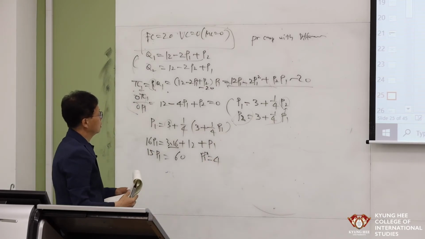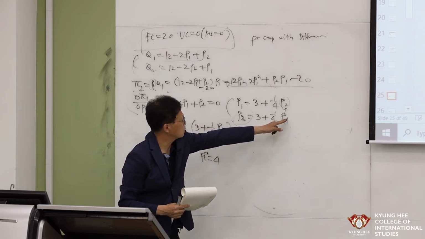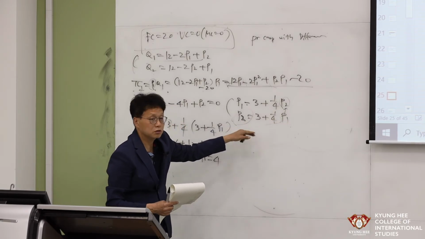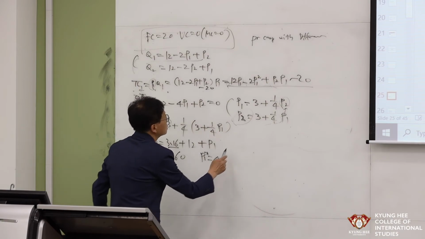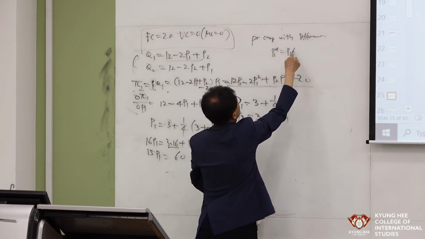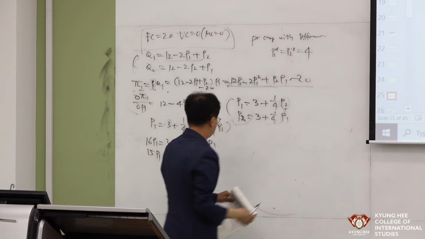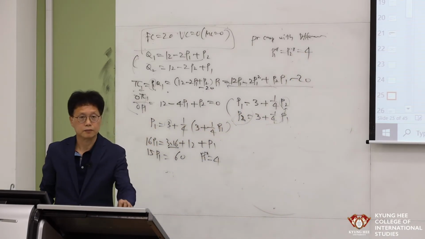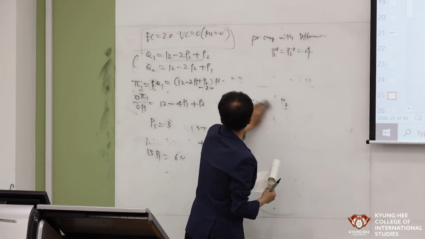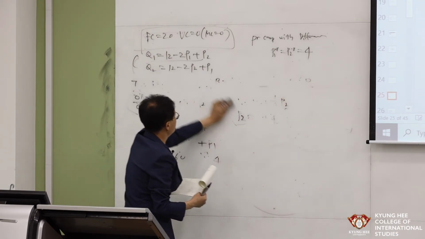So P1 star is 4. Then P2 star, this is 4, then only one left, 3 plus 1. P2 star is also 4. So P1 star and P2 star are equal to 4. Okay? Then we can calculate Q1 star and Q2 star, right?